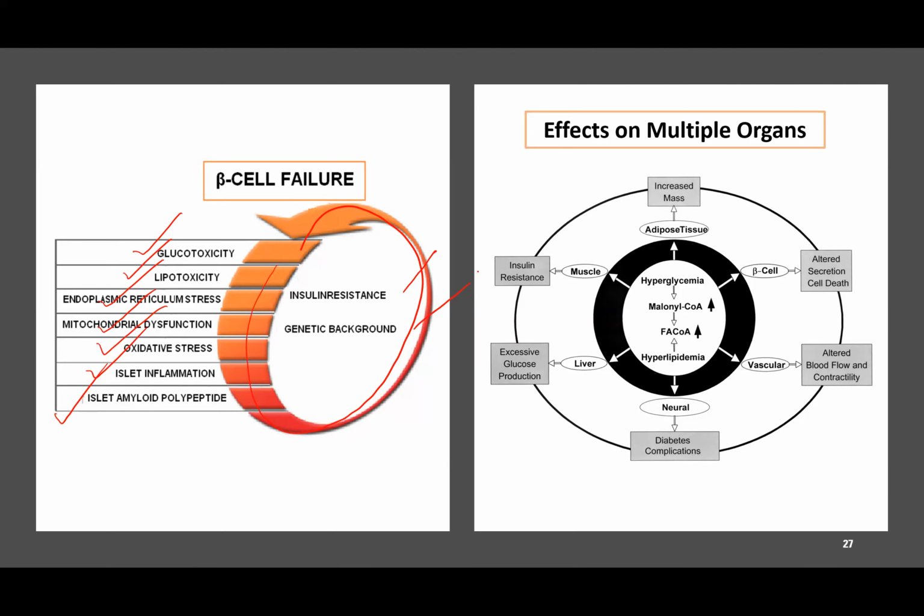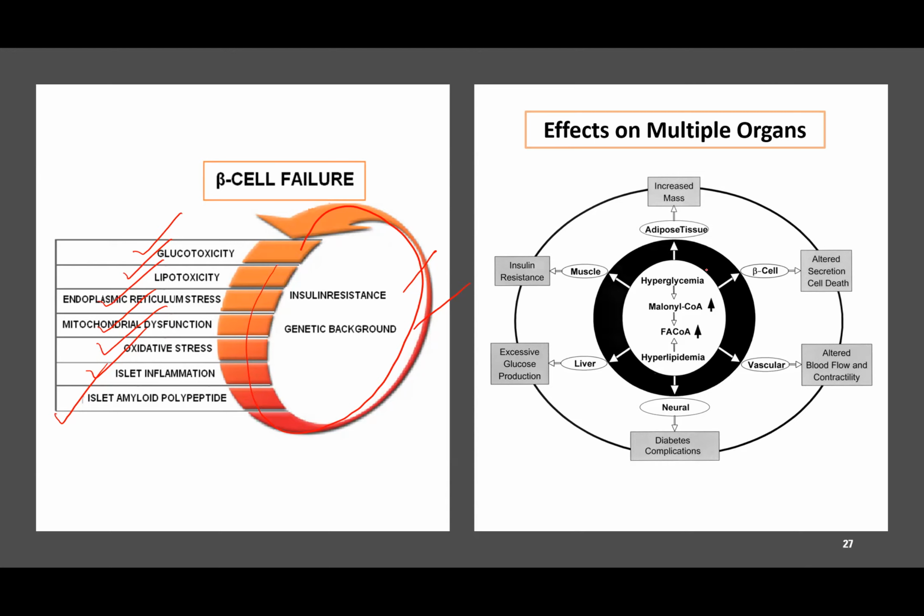What are they all? Glucotoxicity, lipotoxicity, ER stress, mitochondrial dysfunction, oxidative stress, islet cell inflammation, and increased islet cell amyloid deposit. All have a sequential chain reaction under a genetic background that leads to insulin resistance, type 2 diabetes, and beta cell apoptosis.